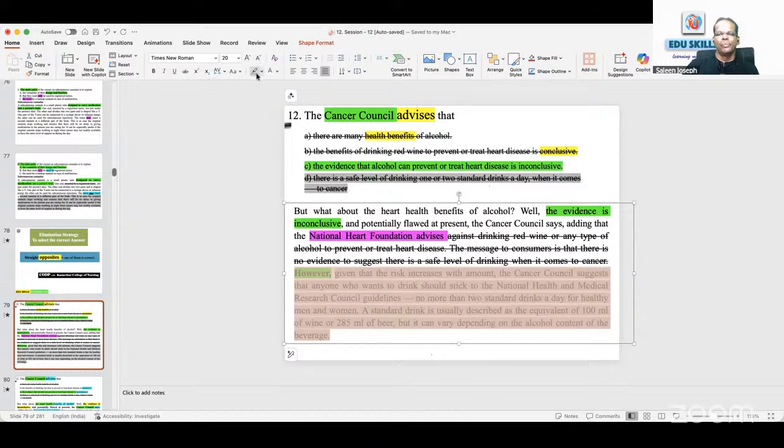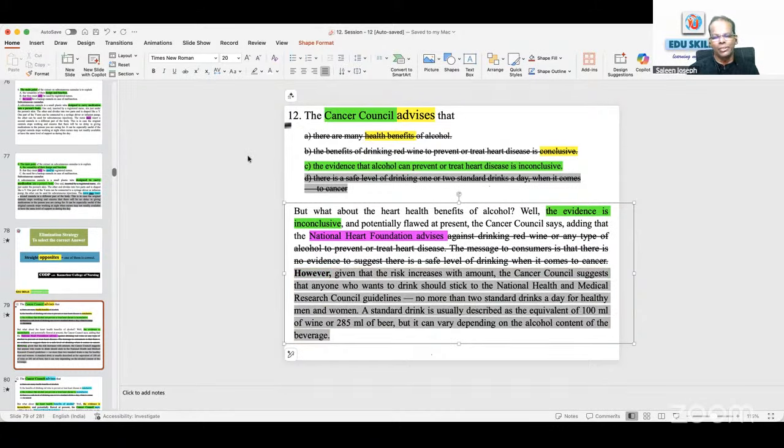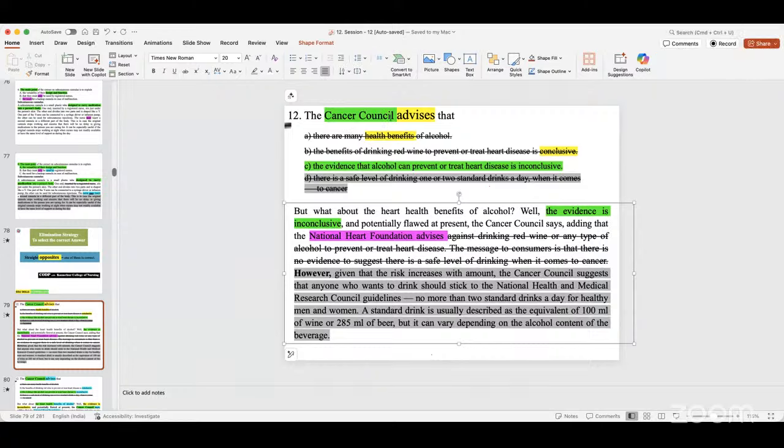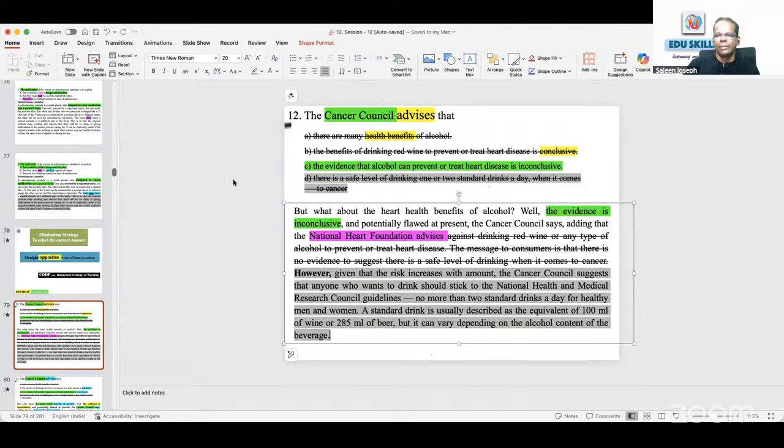This second portion answers the next question. And we don't require the National Heart Foundation because the name here is Cancer Council. When somebody is asking what is the message from Regina, should you look for the message from Rebecca?